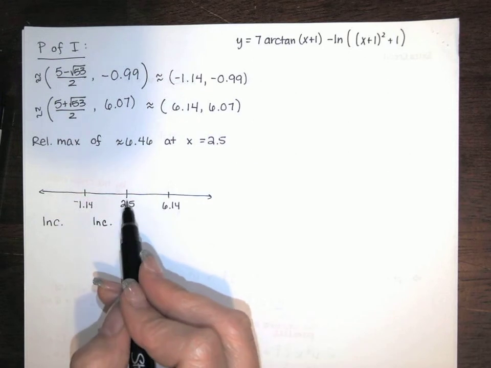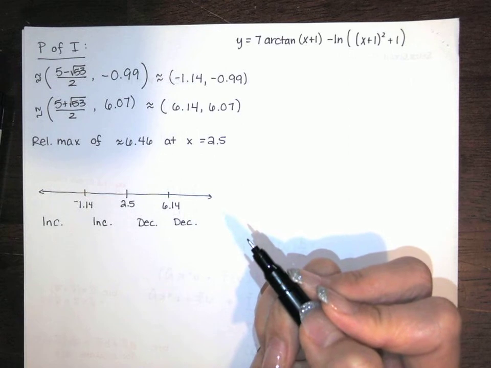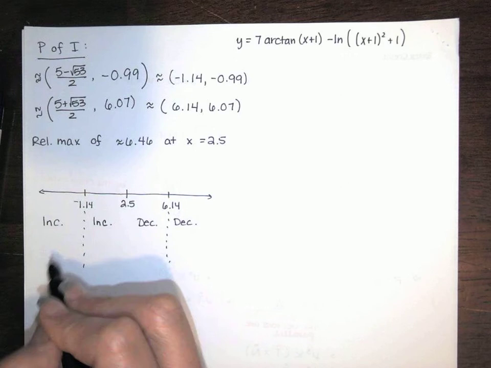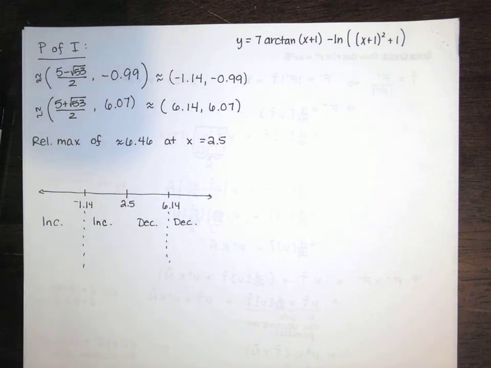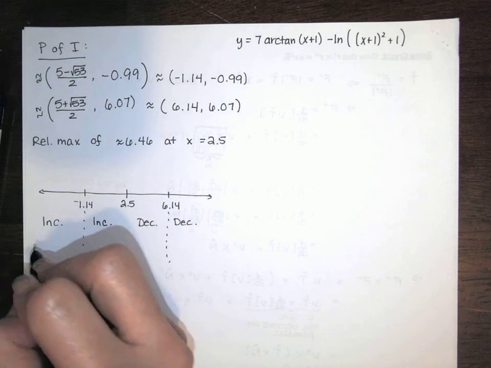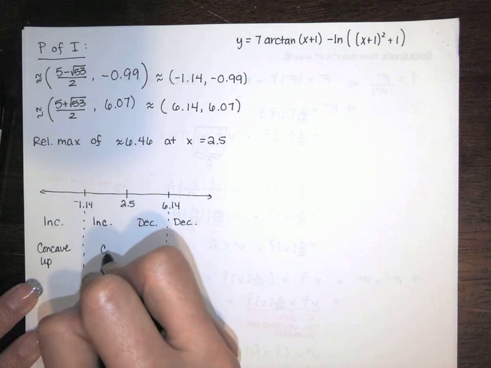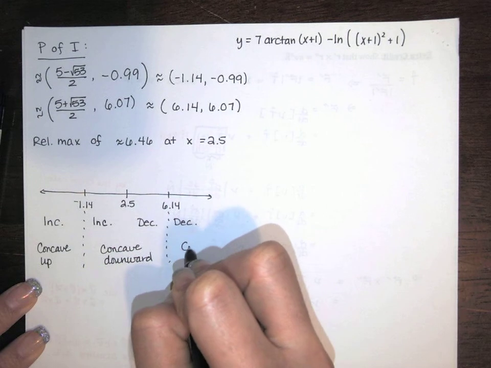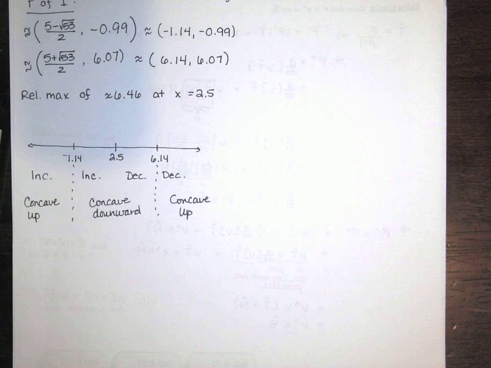And then it's decreasing from 2.5 to infinity. So it's decreasing here and decreasing here. And then from what we calculated with our second derivative, the graph is concave upward here. The graph is concave downward in here. And the graph is concave upward over here. Okay.